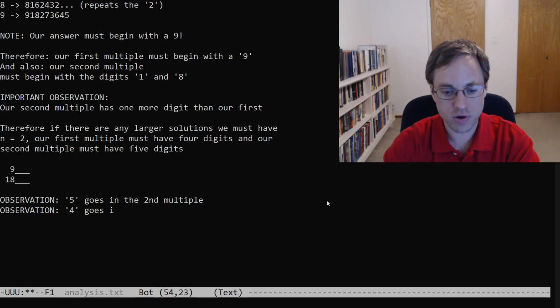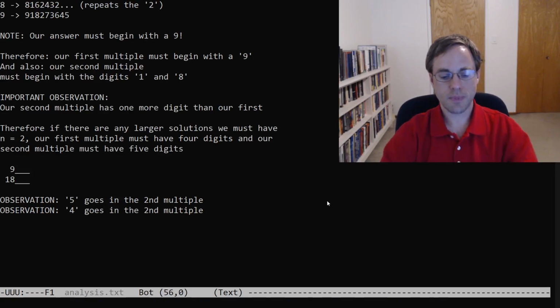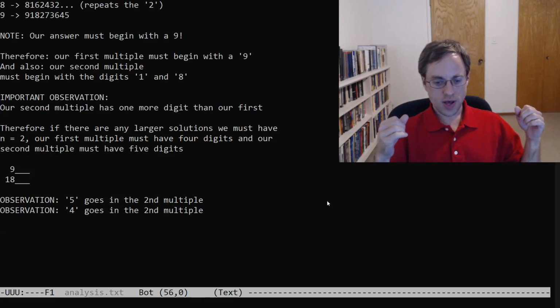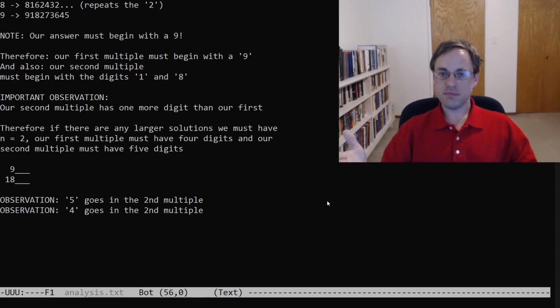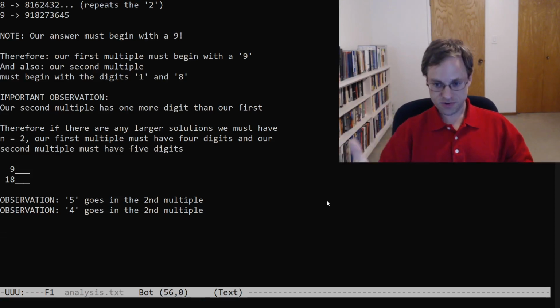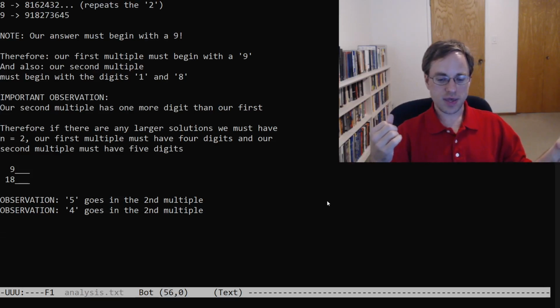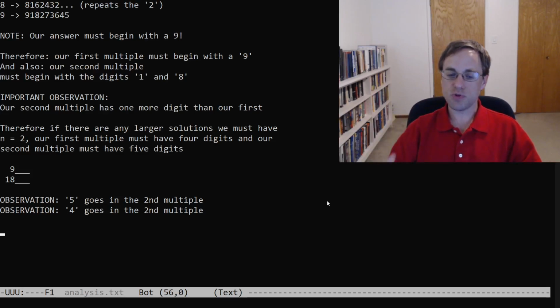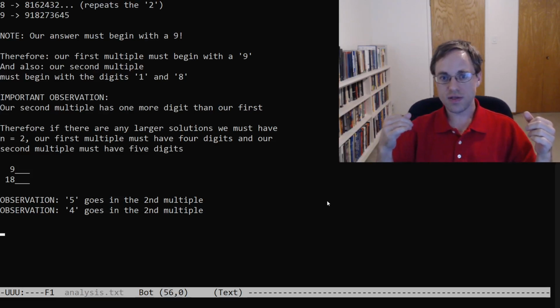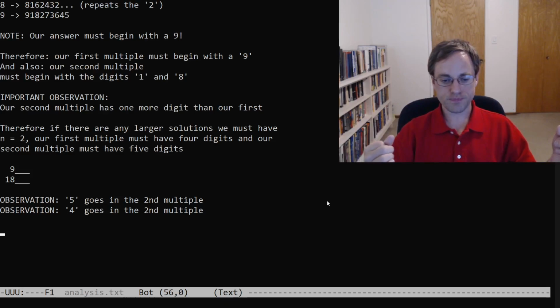So 4 goes in the second multiple. And so we've got 9 in the first multiple, and 1, 8, 4, and 5 so far in the second multiple, though we don't know exactly where the 4 and 5 go.